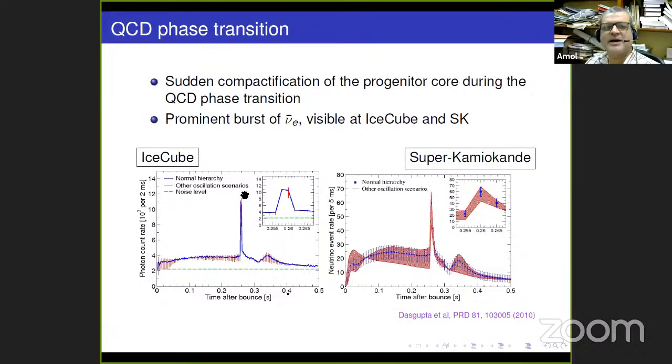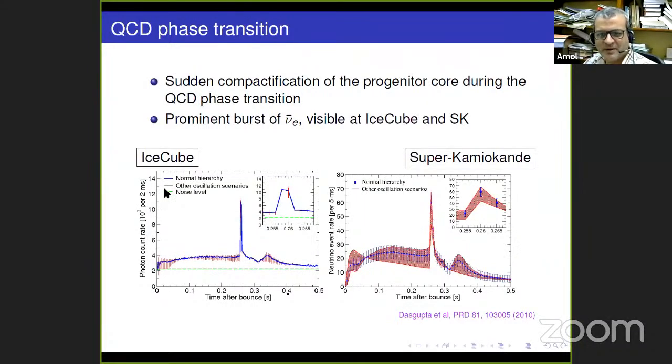You will see a very sharp rise in the number of photons in IceCube, which is because of the number of neutrinos that have come. It tells you that it's quite possible that a quark-gluon plasma is being produced in the center of the star.